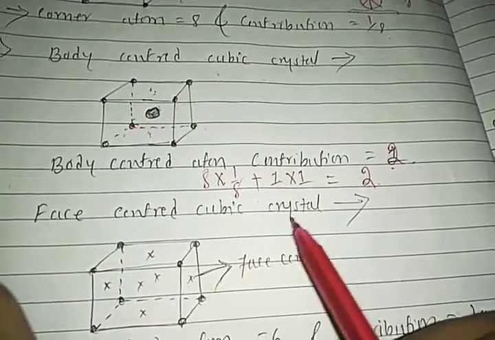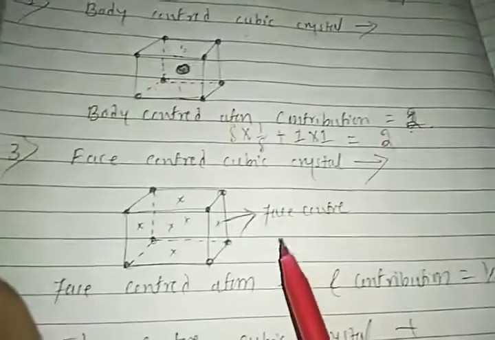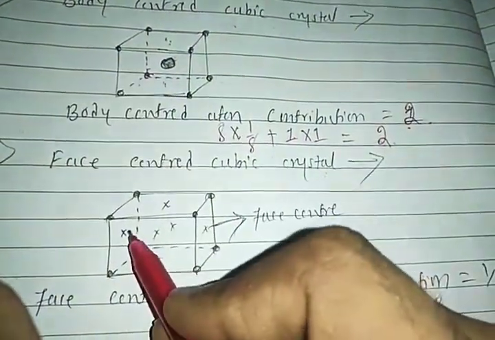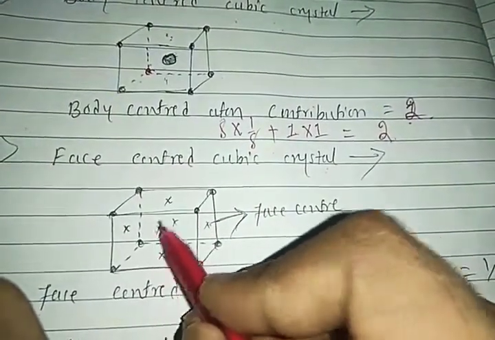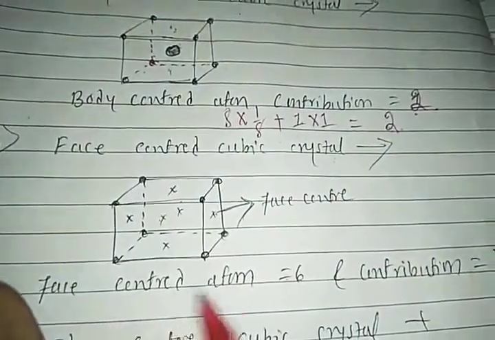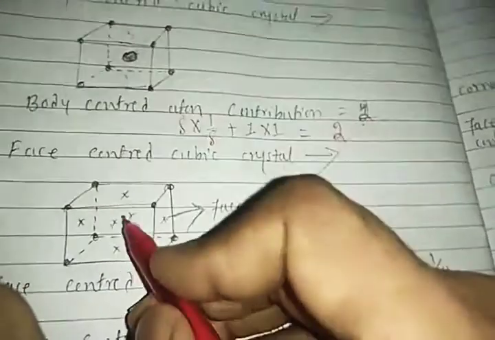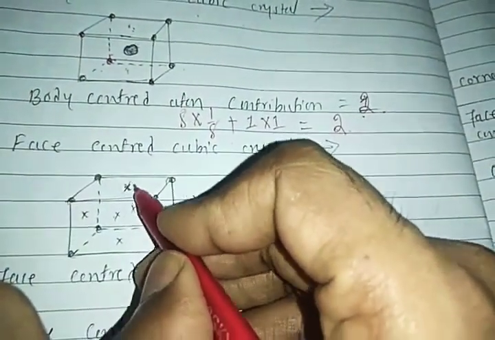Face center cubic crystal. This is the corner of the atoms. The faces: how many faces? Left, right, top, bottom, front, back. 6 faces are there here. The star I mentioned here is the face center atom.